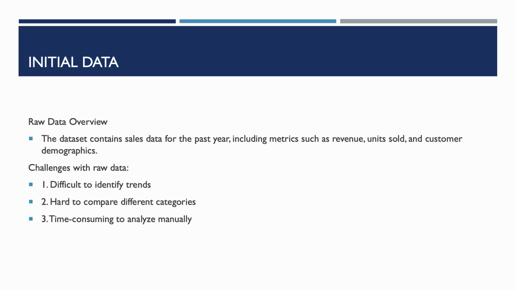Raw data often makes it difficult to compare different categories effectively. For example, understanding how different products are performing across various regions or customer demographics can be cumbersome without proper visualization. Third, it's time consuming to analyze manually.